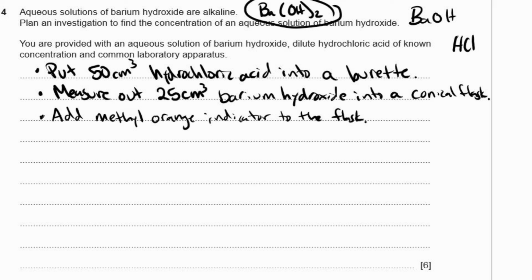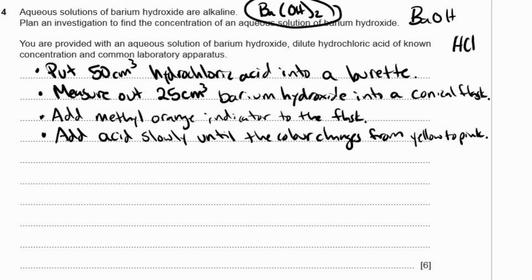Okay, so you add methyl orange to the flask, or something else, and then you add the acid gradually, slowly, or dropwise to the alkali. So you add the acid slowly until the color changes from yellow to pink. Yellow is the color for the barium hydroxide, the alkali, and pink is the color when it's acidic.